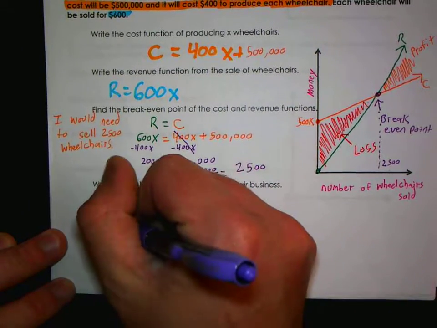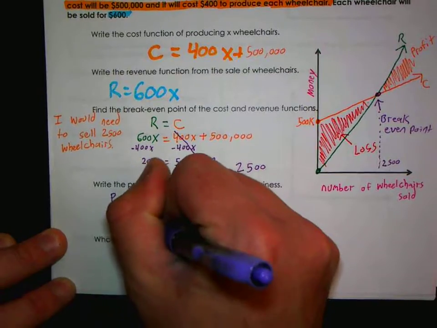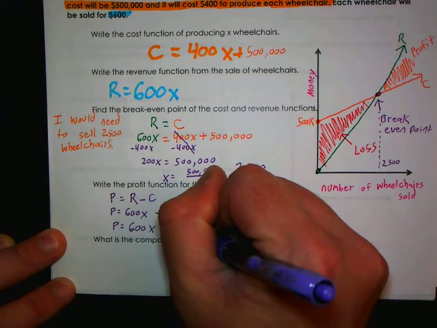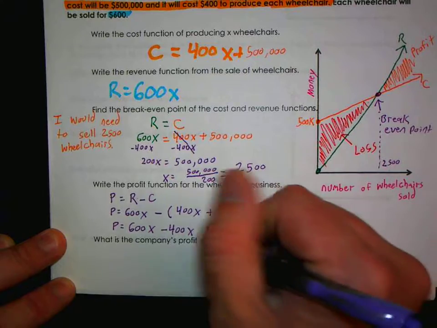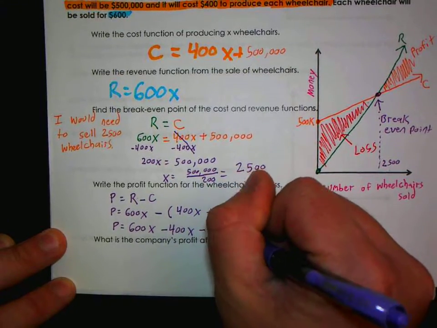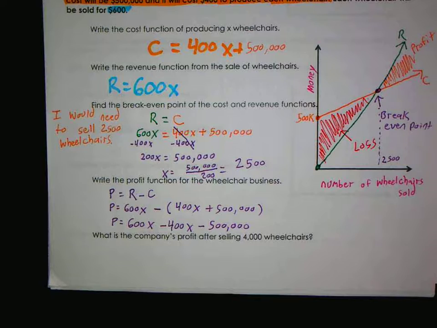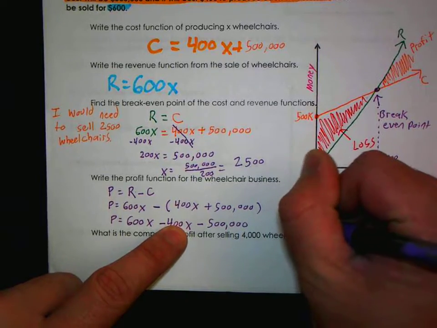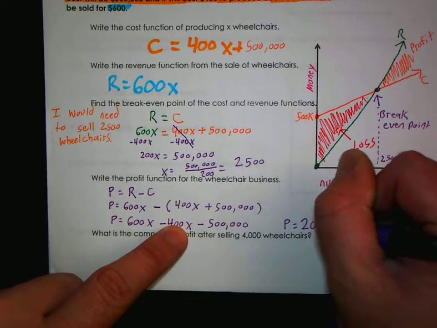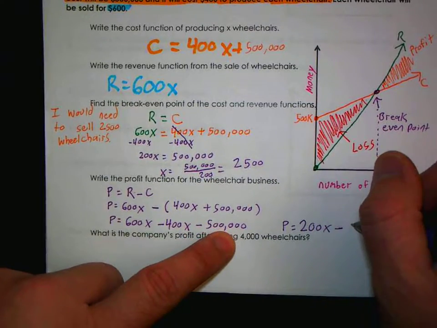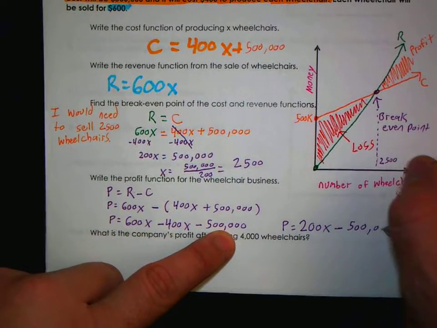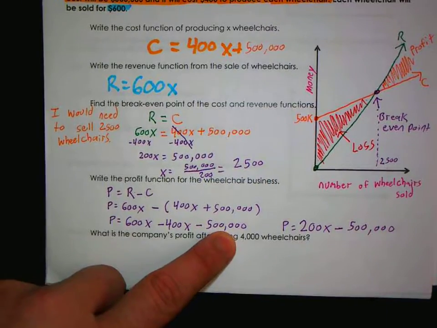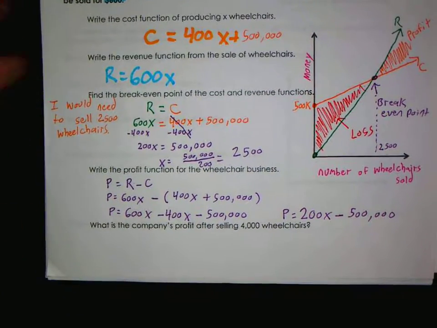That negative distributes in. Makes it a negative 400x and a negative 500,000. And then simplifying, 600x minus 400x is 200x. So my profit function is $200 per wheelchair, but don't forget about that 500,000 you invested in the wheelchair business. So that's my profit function.